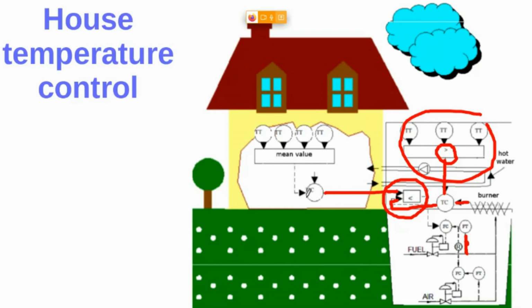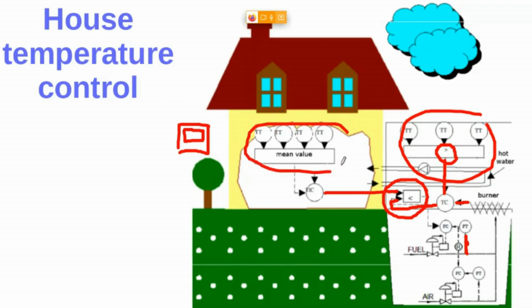This I is for the indicator, right? So that means that this controller is some kind of a panel mounted or wall mounted device, and here we have something like a small display, in order to show the user the actual or the instant values for the temperature within the house, right?